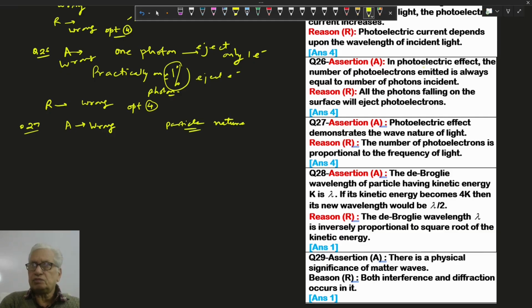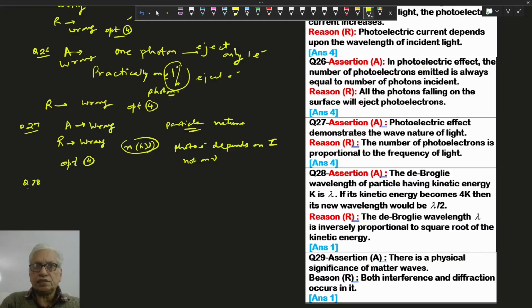As per de Broglie, this is the reason: the number of photoelectrons ejected depends on the intensity, not on frequency. So that is wrong. Option 4 is correct.